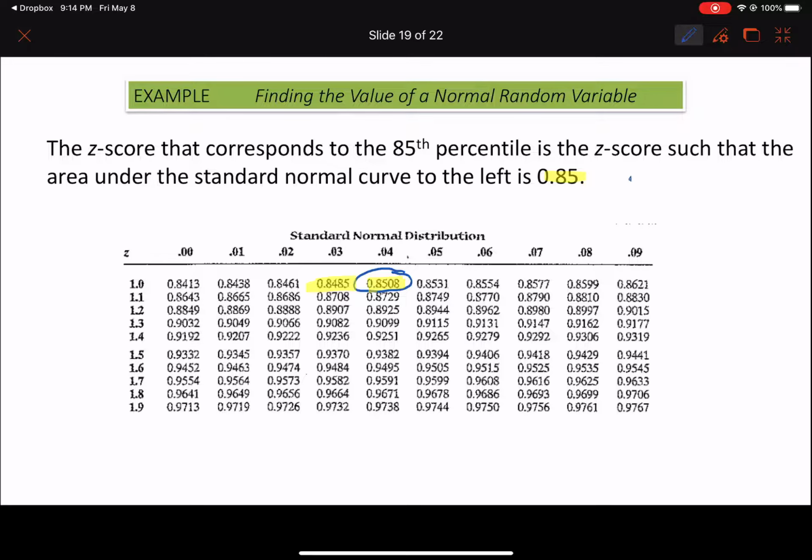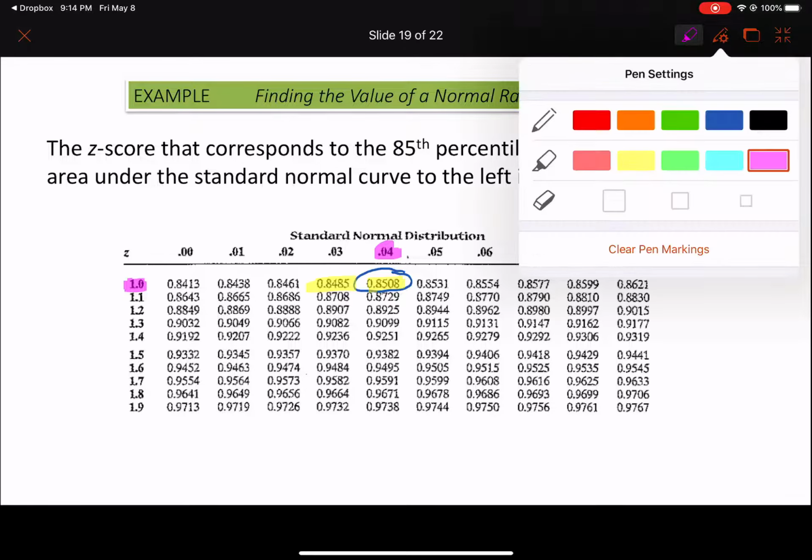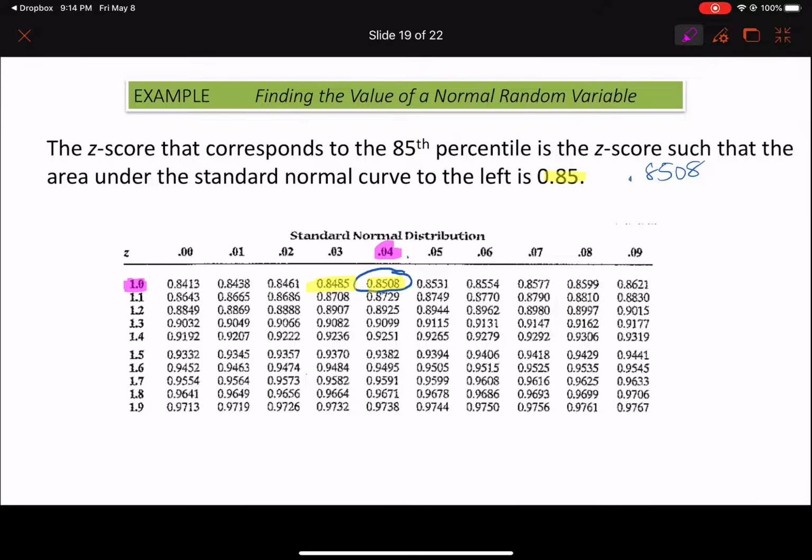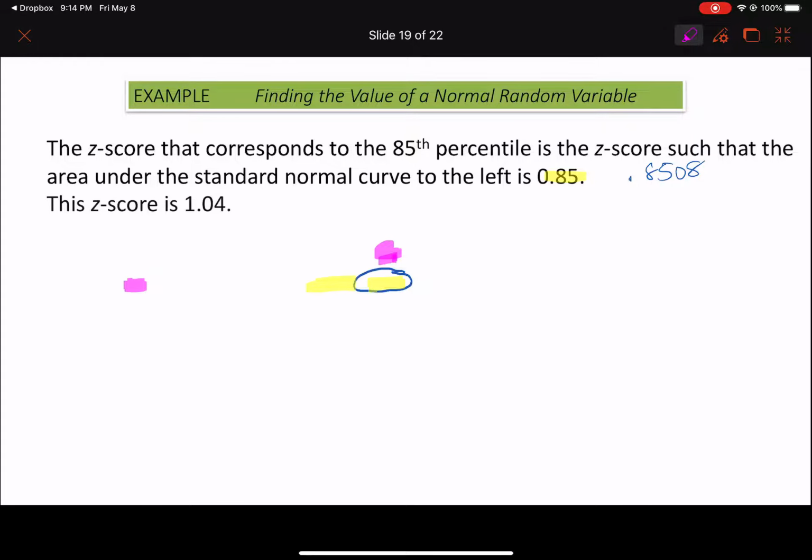So 0.8508 is really close to 0.85. That corresponds to the z-score of 1.04. So that z-score that I get is 1.04. You see how the 1.0 is the tenths place and the whole number, and then 4 is in my hundredths place.